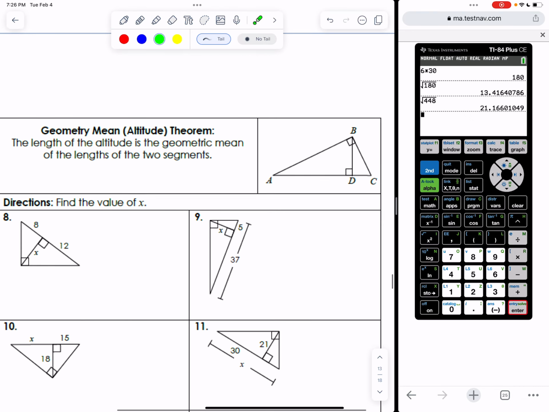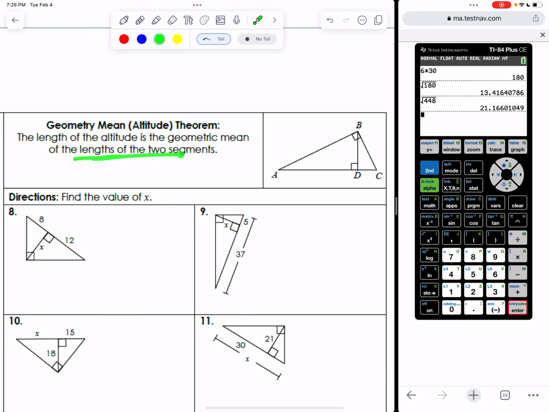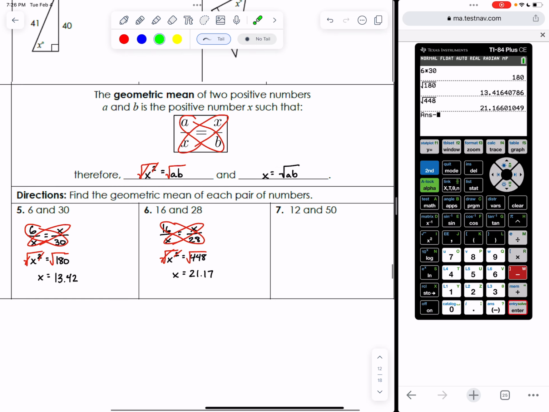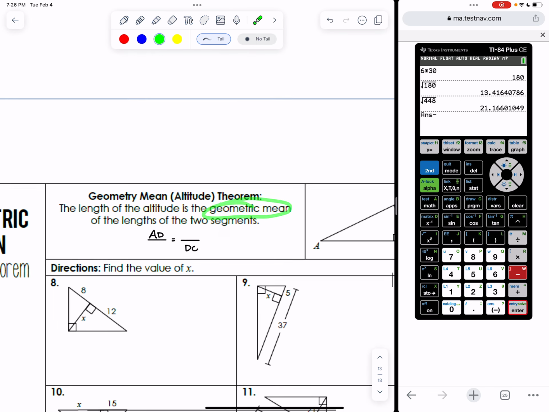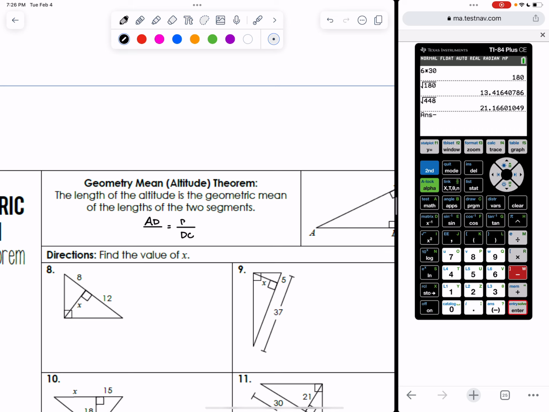Well, couldn't I replace that a and b with the lengths of the two segments, which are AD and DC? So something like this, AD over, we'll leave that blank for now, and then DC in the denominator. And then if BD is our geometric mean, didn't we say x was our geometric mean? So let's replace x with BD.